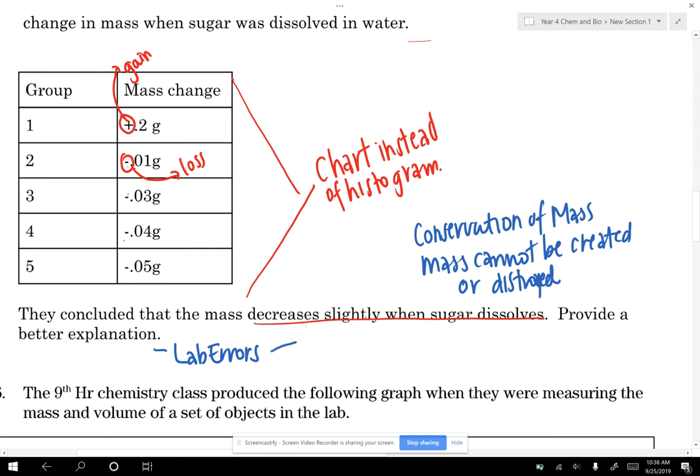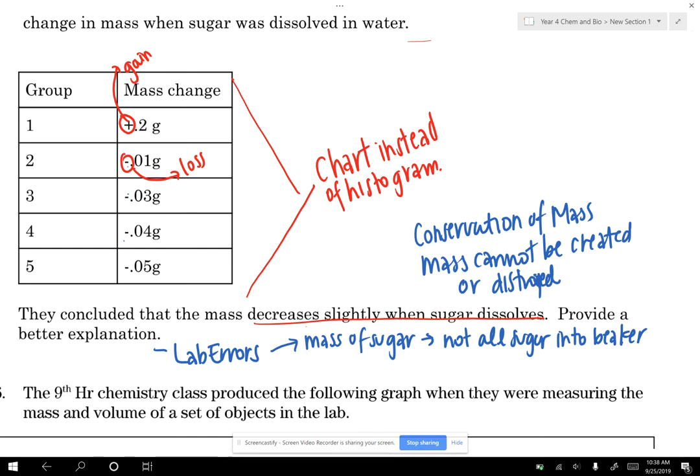Depending on your procedure, you probably measured out the mass of sugar, and you probably did not get all of the sugar into a beaker. So you might not have gotten all of your sugar into that solution.